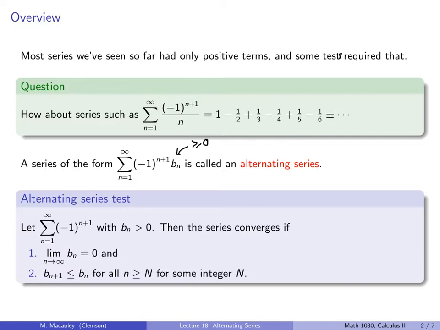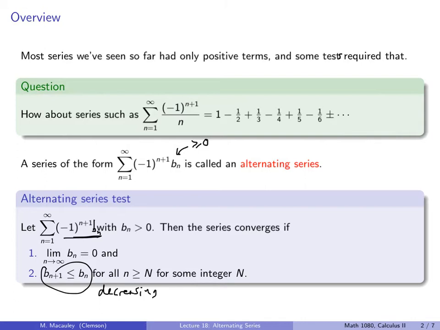Okay, so the alternating series test is, suppose we have an alternating series, I forgot my b_n in here, where the b_n's are all now strictly positive. Then the series converges if these two conditions hold: if the b_n's tend to 0, and if they are decreasing.